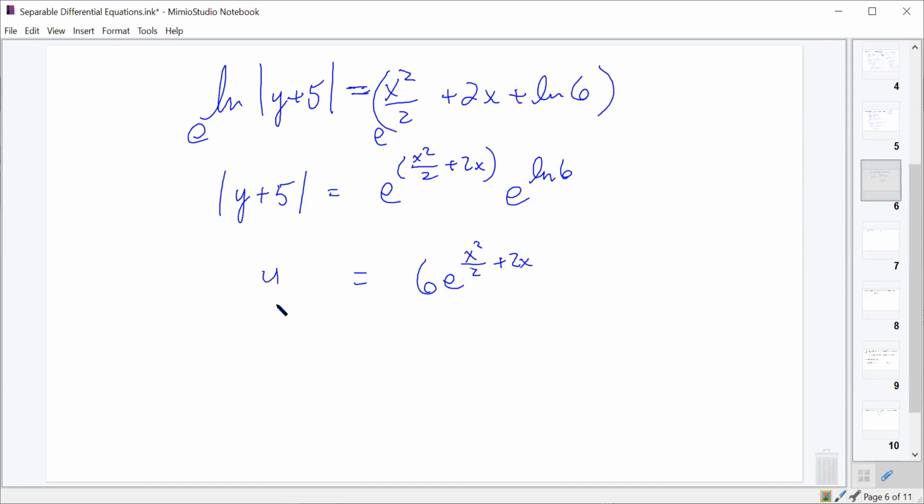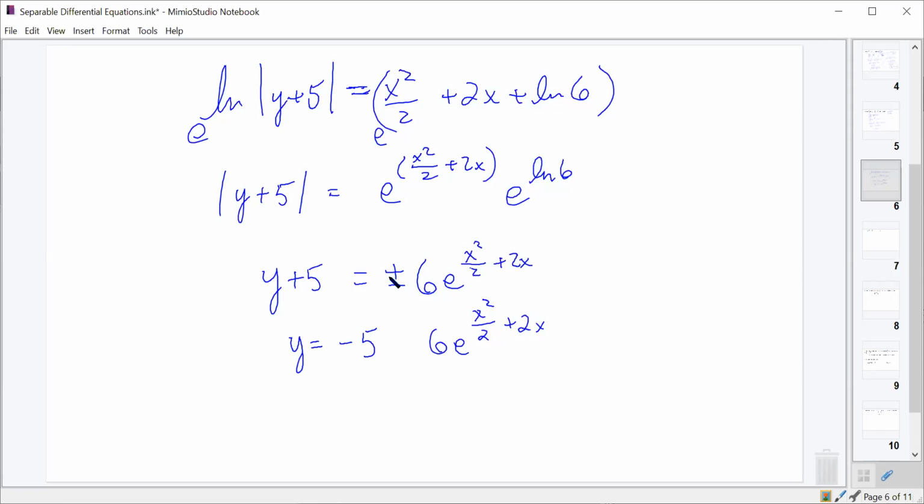And to clear off the absolute value, we'll need to throw a plus or minus in there. And we're going to eventually have to choose one or the other, the plus or the minus. And we can do that at the end if we want. y equals -5 plus or minus 6e to the x squared over 2 plus 2x, right? And so how do we determine if we want the plus or the minus?